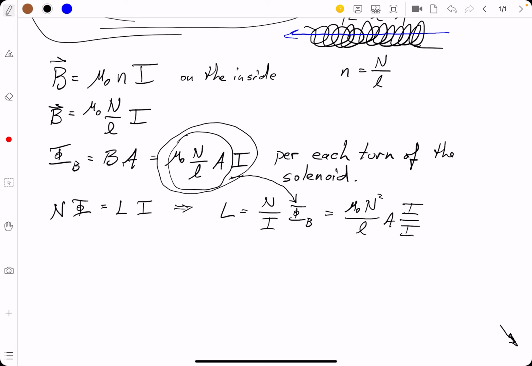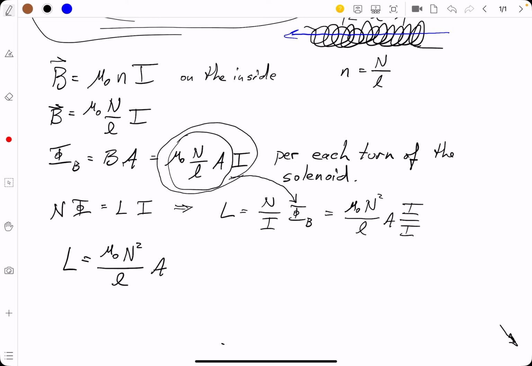Let's rewrite it: mu naught N squared over L, and I've got my A here. That's what we're left with.